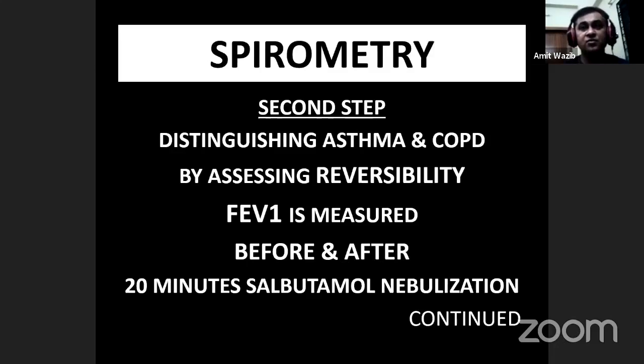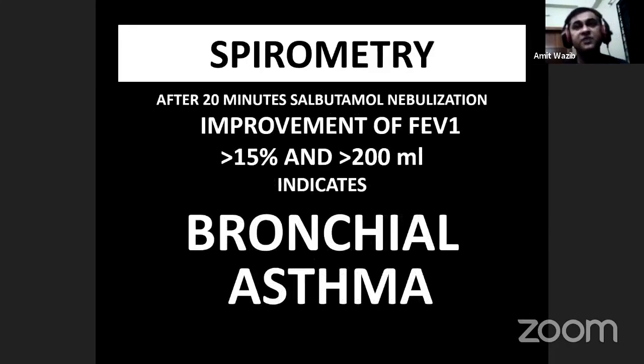So now we compare the previous FEV1 with the new one. If there is an improvement of FEV1 by at least 15% and 200 ml, so both these two criteria must be met. That is, FEV1 should increase by 15% and at least 200 ml.